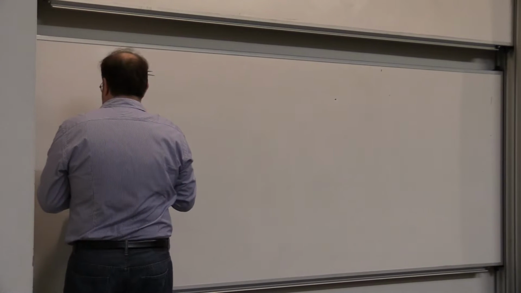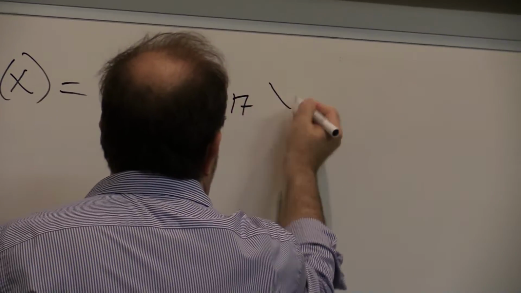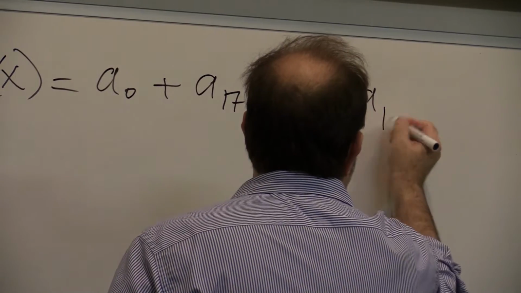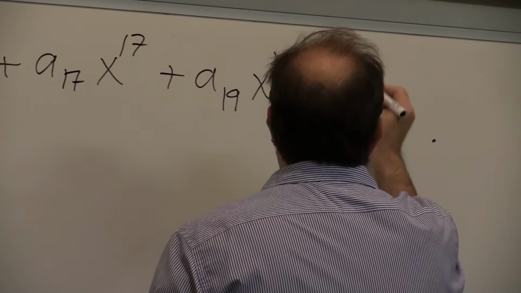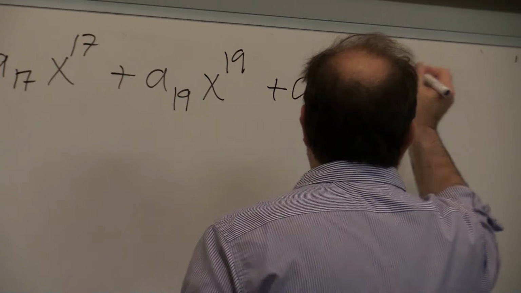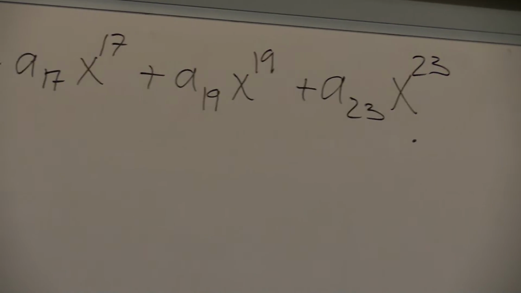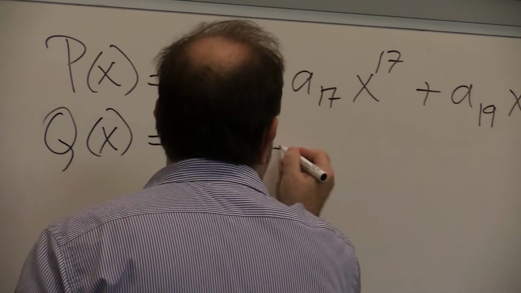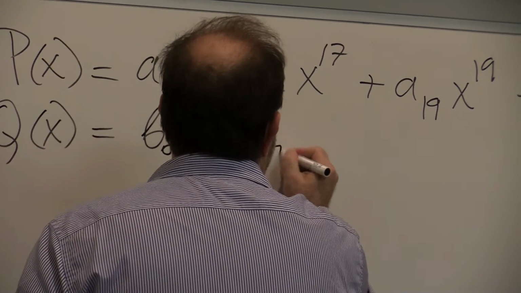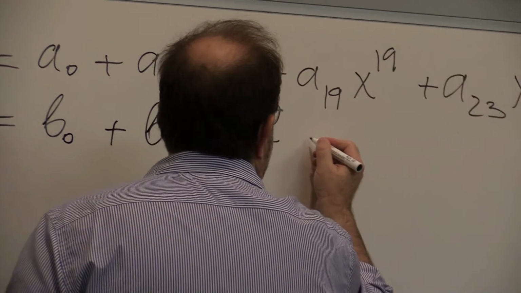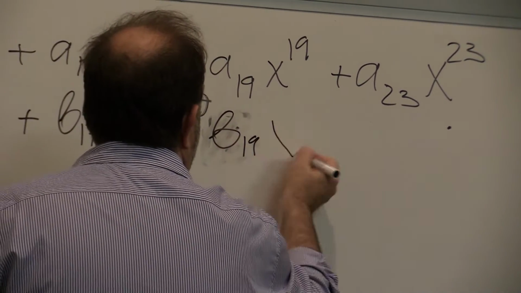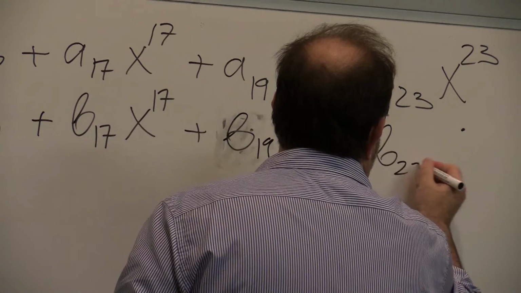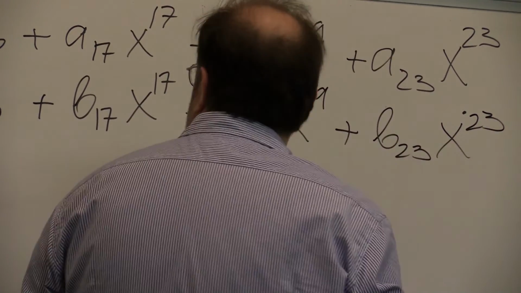P of x is equal to a0 plus a17 x to the 17 power plus a19 x to the 19 power plus a23 x to the 23rd power, and q of x equals b0 plus b17 x to the 17 power plus b19 x to the 19 power plus b23 x to the 23rd power.